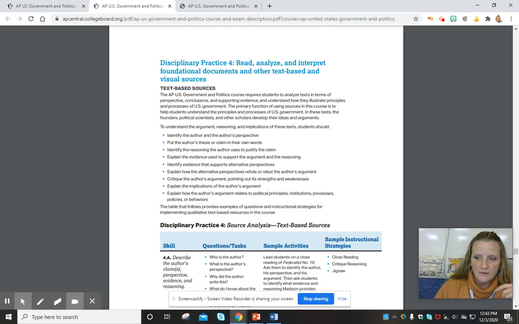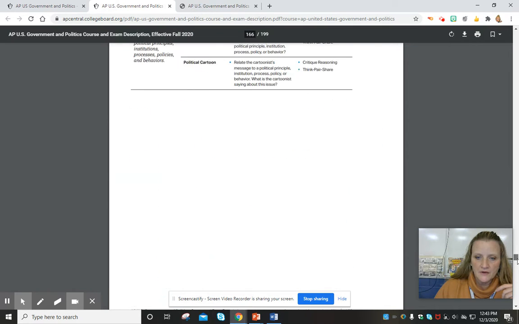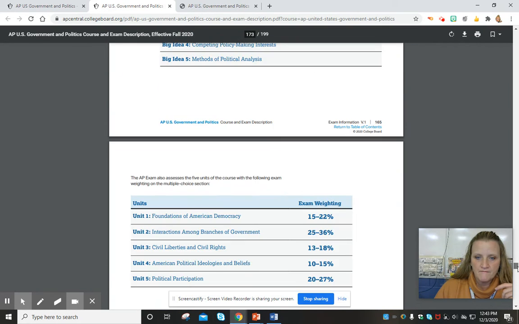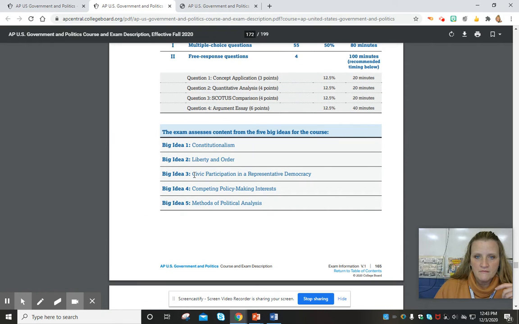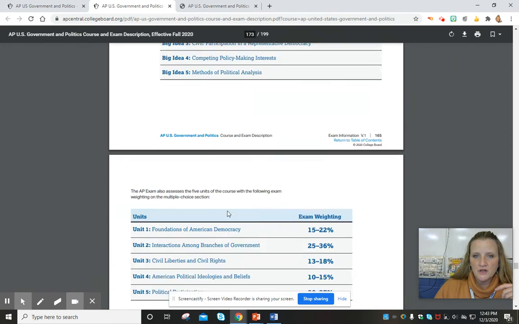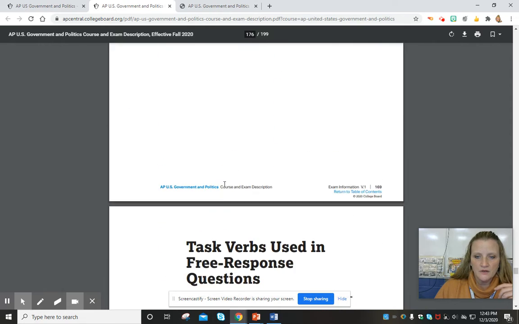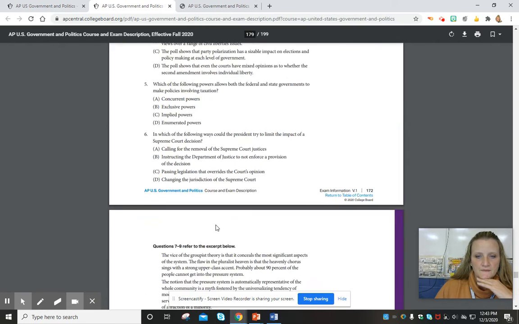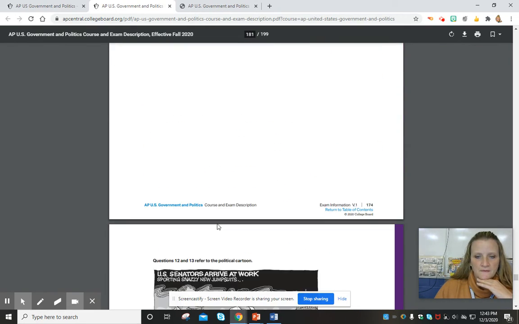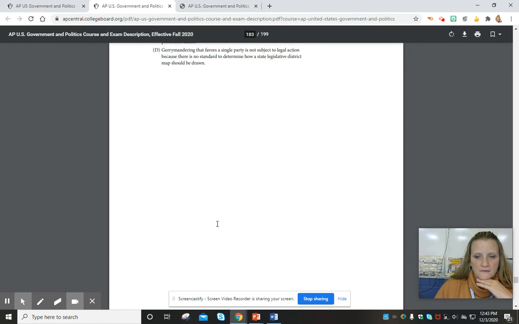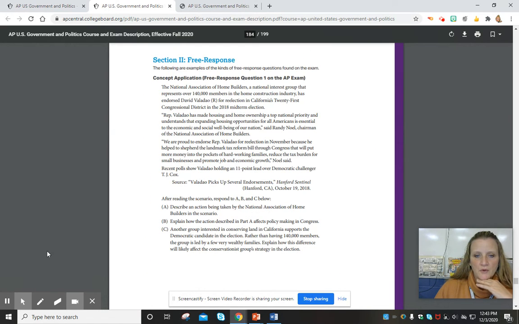All right, so go back up and look at what we were talking about. It's a concept application, question 1. All right, so if you look at that sample question, it's a concept, so it's worth 3 points.